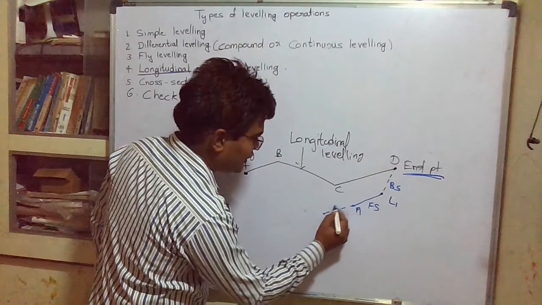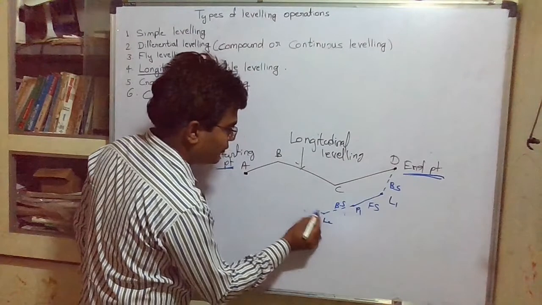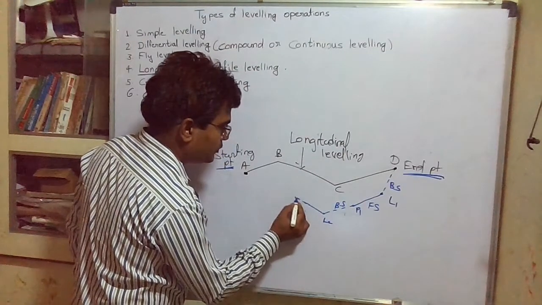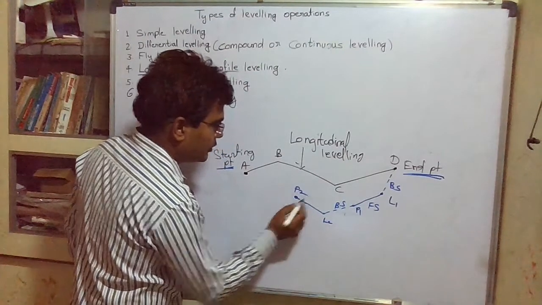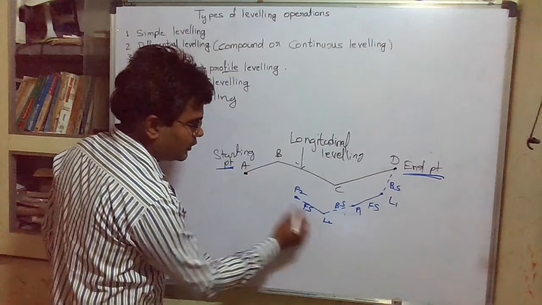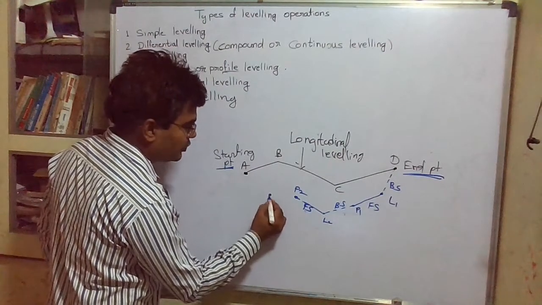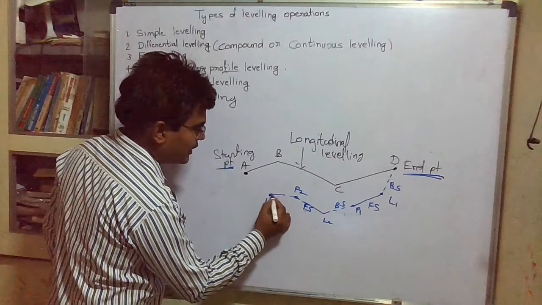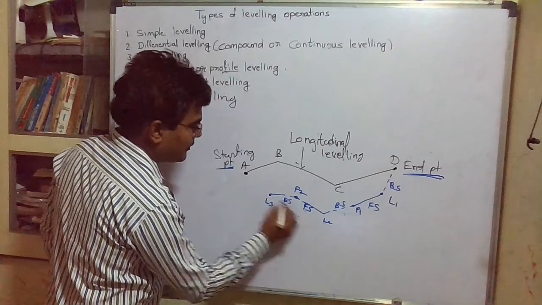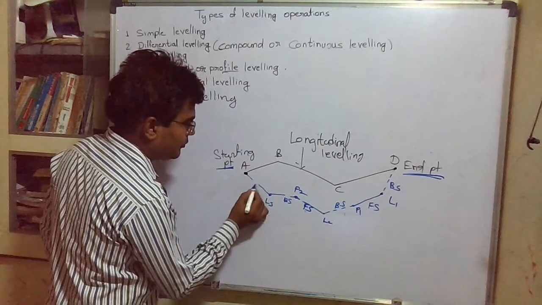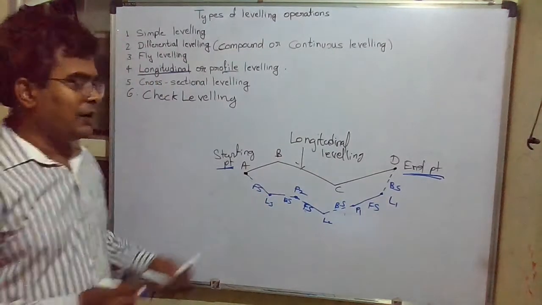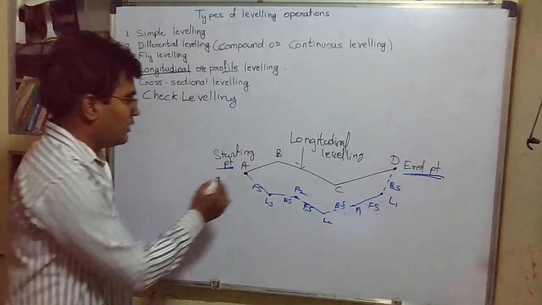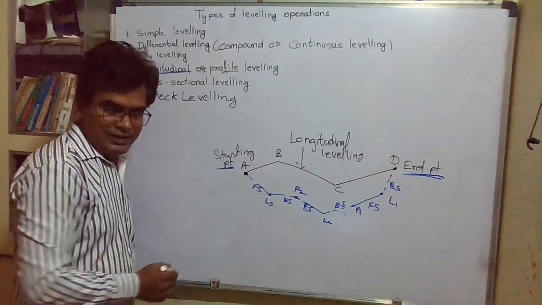Again we'll take backsight, and again at some point P2 we'll take a foresight reading. Again we'll select a new position of the level L3 and again take a backsight and a foresight at the end point. So by that we will get the level of this starting point.